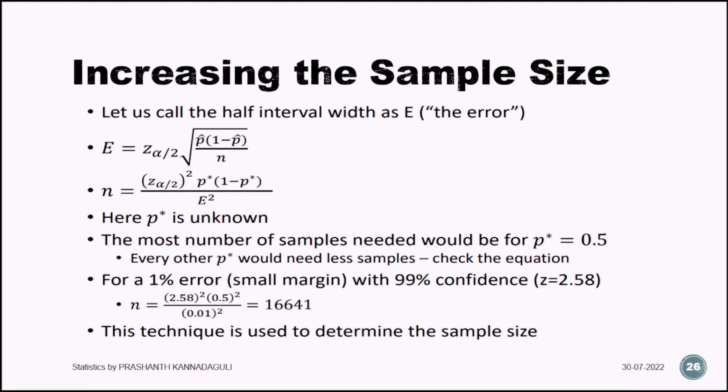Square both sides, move n to the other side, take the E to the other side, you get this answer. Anybody having doubt, please raise a question. How to get this? Do you have any doubt? From the first equation for E, I'm getting the second equation. Do the maths.